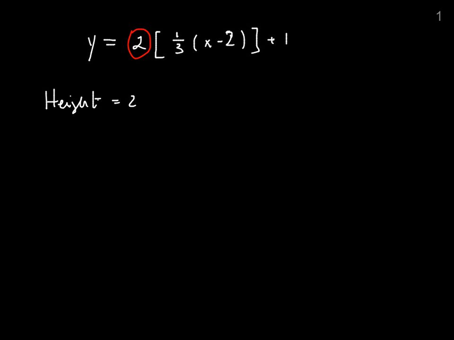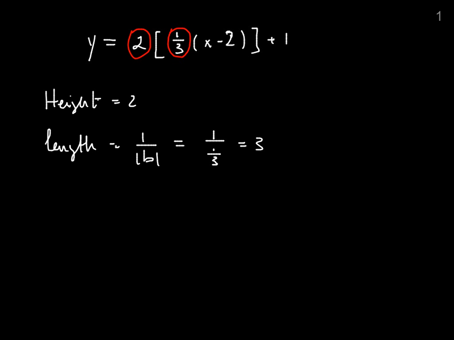We also see that the step length will be equal to 1 over the absolute value of b, and that's 1 over 1/3, which gives us 3, because our b is 1/3.